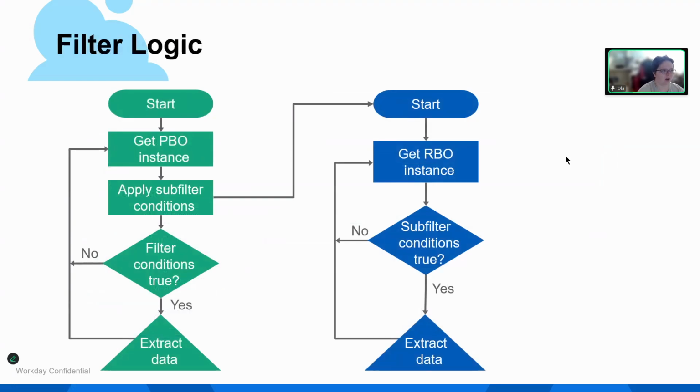How does it work? Why did we include that extra condition to get rid of the people who had blank expense reports? Well, it worked for us because the subfilter is actually evaluated first. So let's say we have a worker that comes into our custom report definition.